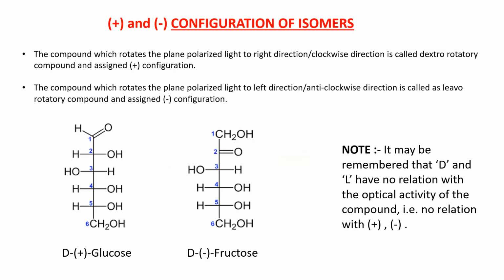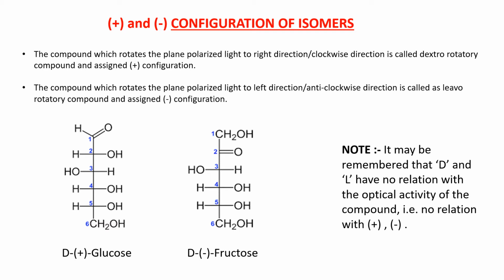How do we assign the plus and minus configuration to isomers? First we have to keep in mind that the plus and minus configuration of a compound is assigned through an experiment. By just looking at the compound, we cannot assign plus and minus configuration.